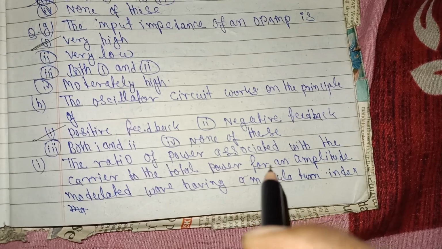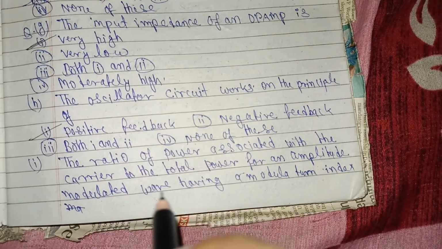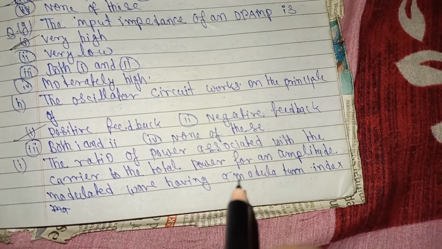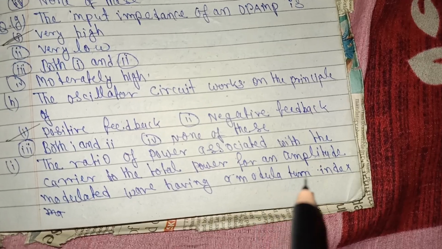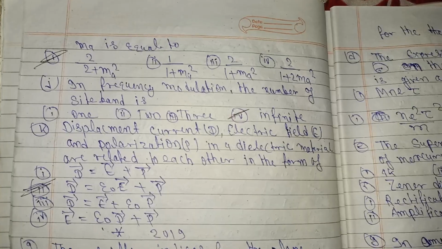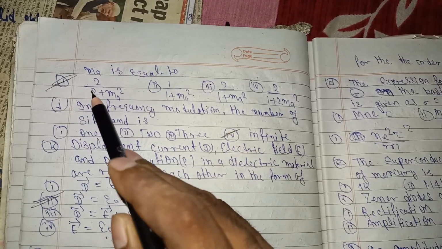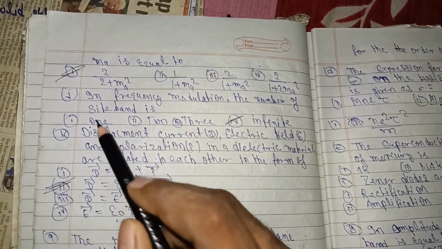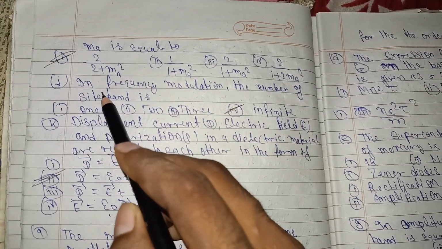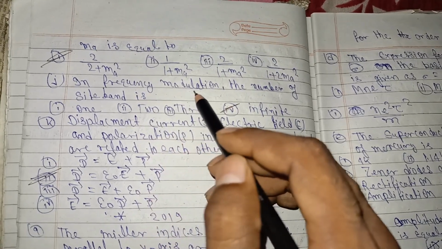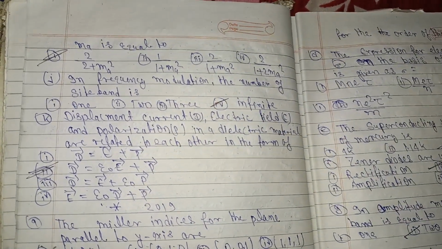Question number I: the ratio of power associated with the carrier to the total power for an amplitude modulated wave having a modulation index MA is 2 upon 2 plus MA square.